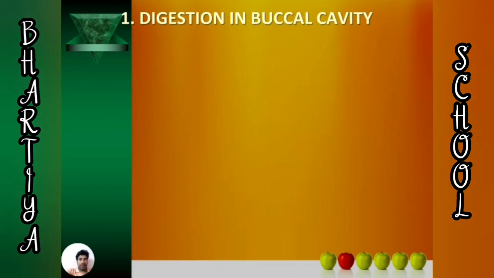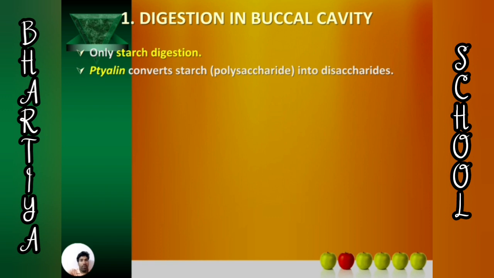Next, we will discuss the first part of our alimentary canal, that is the buccal cavity after ingestion of food, where digestion starts. So first we will discuss the digestion of food in our buccal cavity. In the buccal cavity, only the starch part of food is digested, because of the salivary gland.